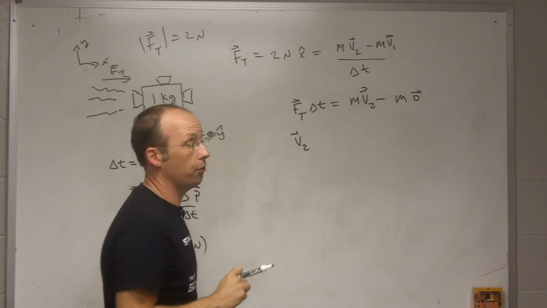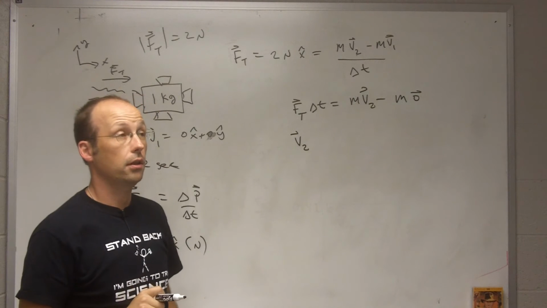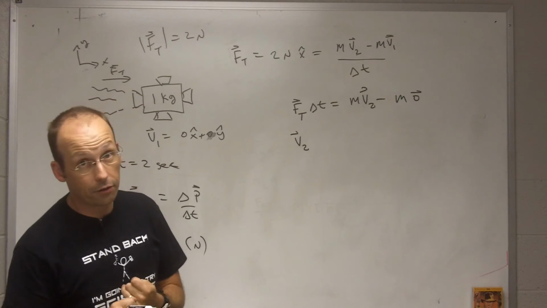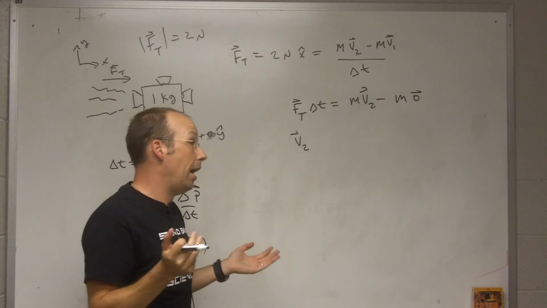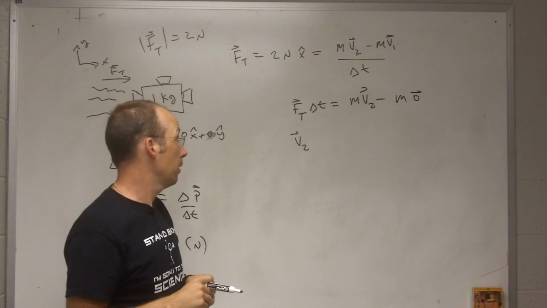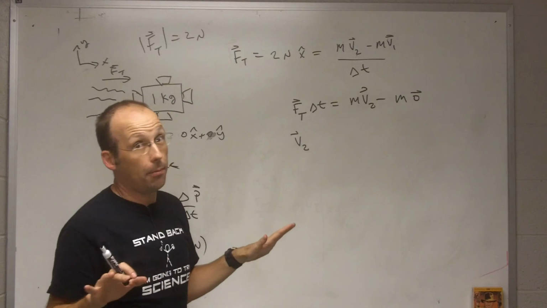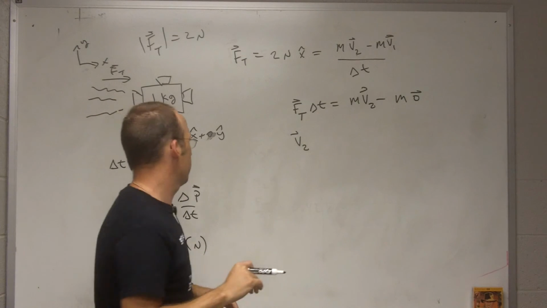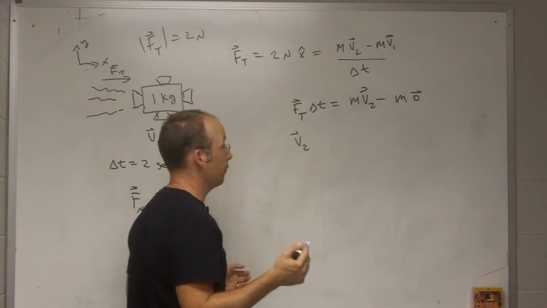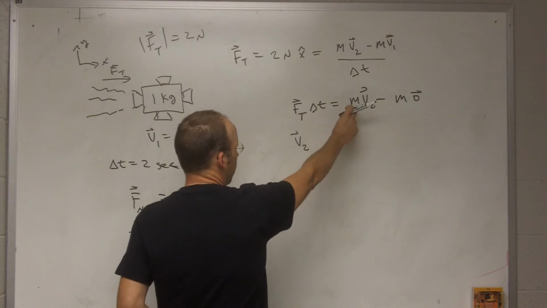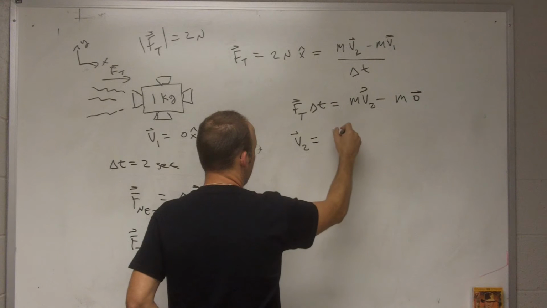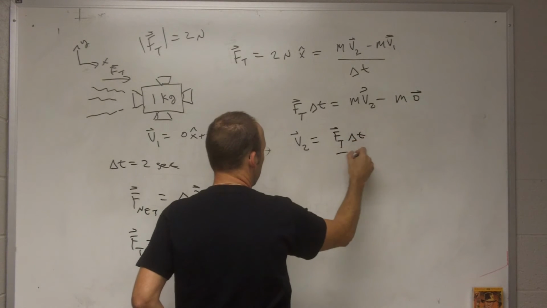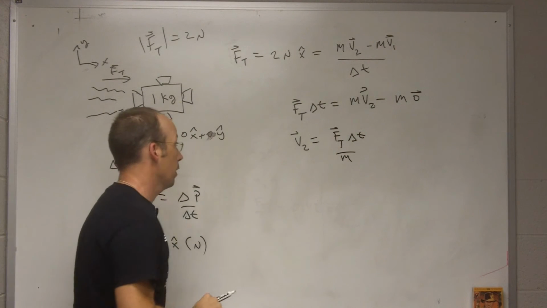Now I can solve for v2. You have to be careful when you're dealing with vector equations. You can multiply vectors by scalars, you can add vectors together, and dividing by a scalar is the same as multiplying. But I can't divide by a vector. It doesn't follow the same rules. So if I divide both sides by m, I get v2 equals Ft delta t over m.